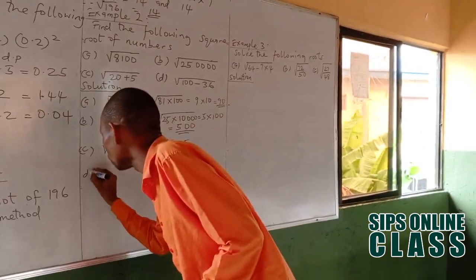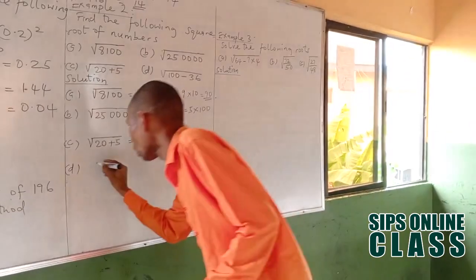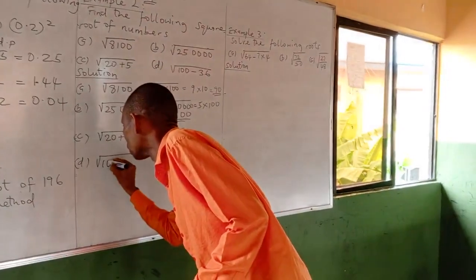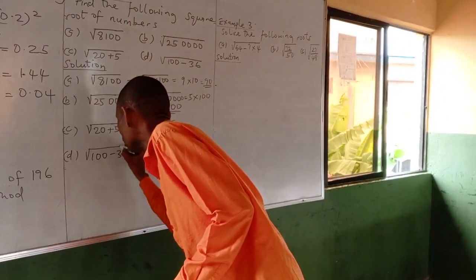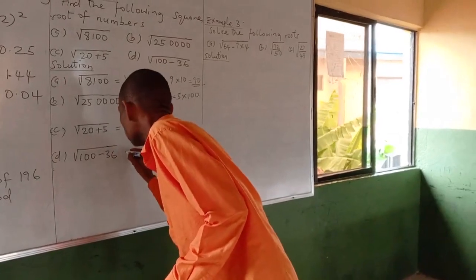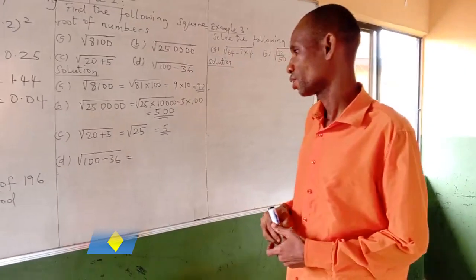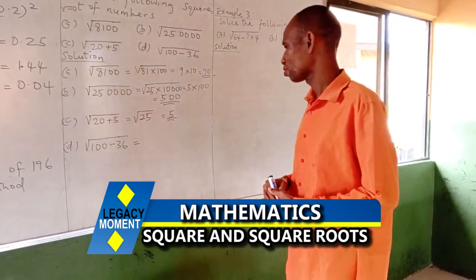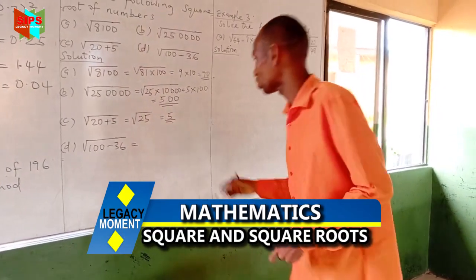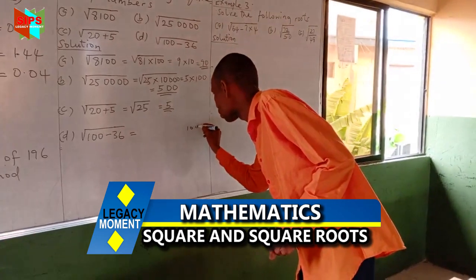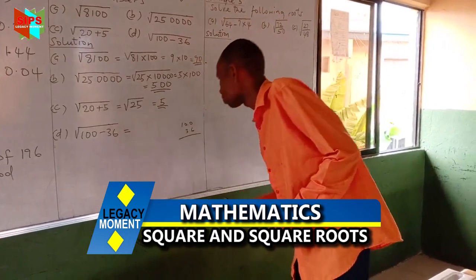Then go to D. 100 minus 36. Now, in terms of 100 minus 36, let's work it out. 36.